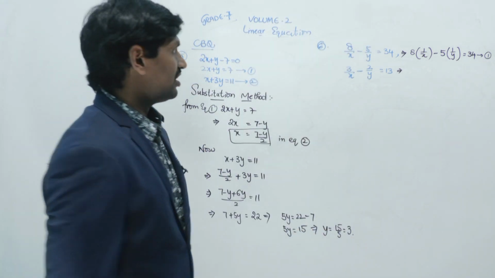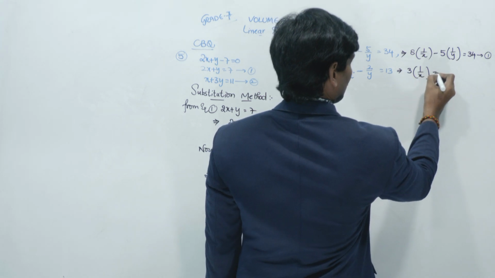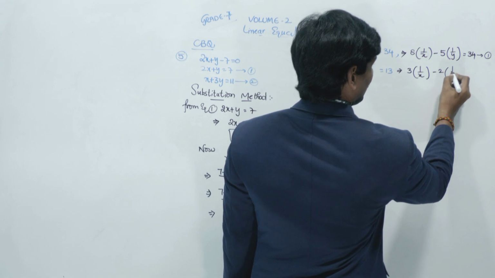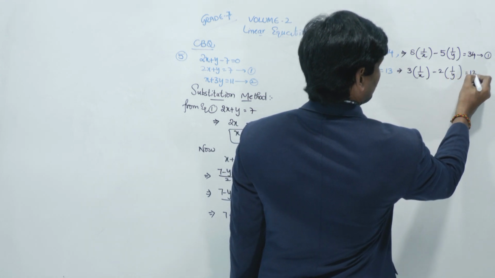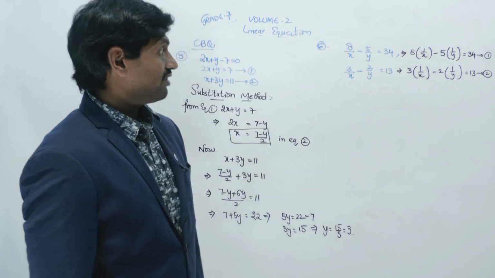And the second equation, 3 into 1 by x minus 2 into 1 by y equals 13, equation 2. These are the given equations; I have written them like that.